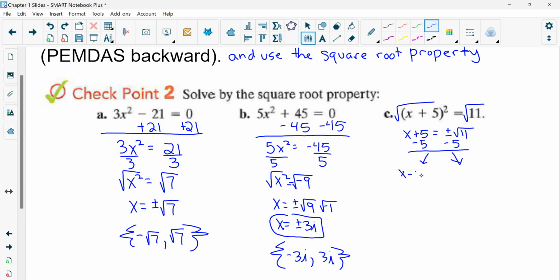I'm getting negative 5 plus the square root of 11, and then a second answer that would be negative 5 minus the square root of 11.